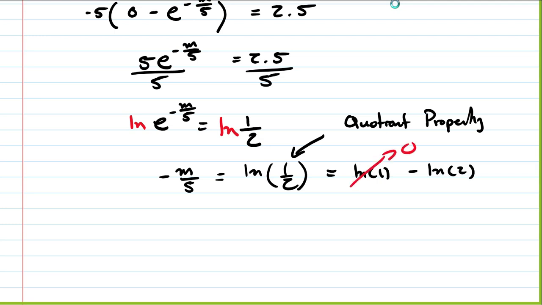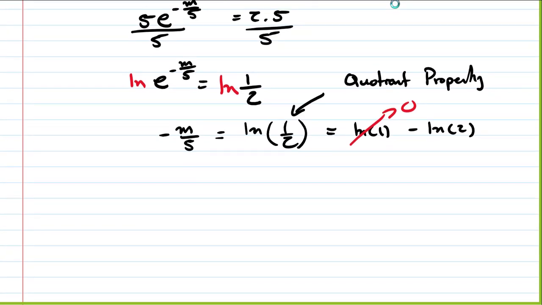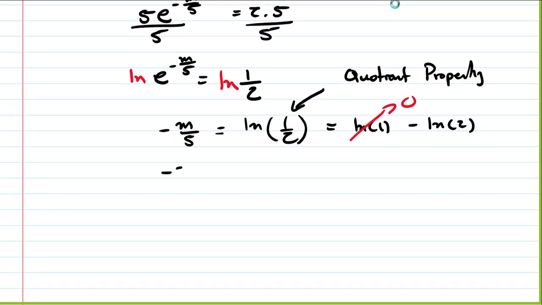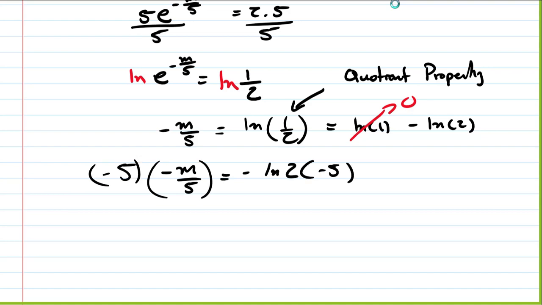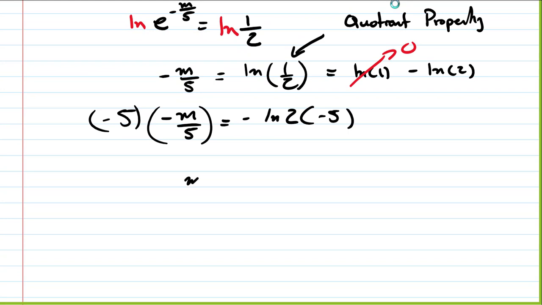The natural log of 1 is 0. So we end up with negative m over 5 is equal to the negative natural log of 2. So once again, we're going to multiply both sides by negative 5. And that gives us m is equal to positive 5 times the natural logarithm of 2.